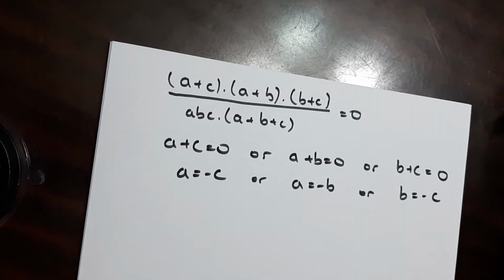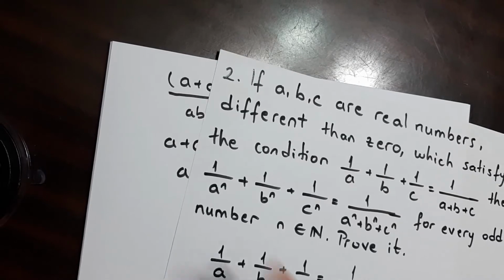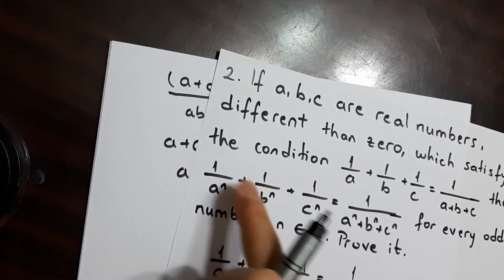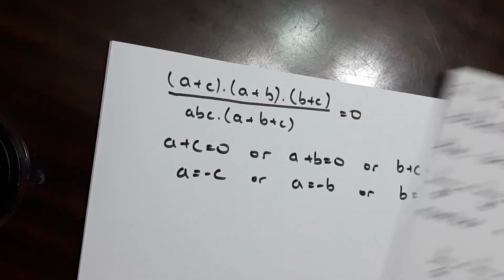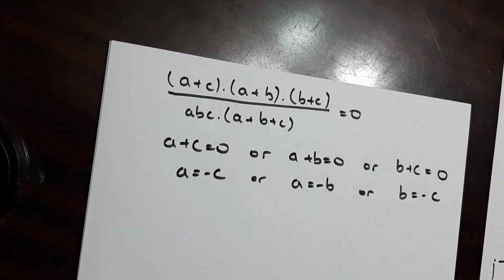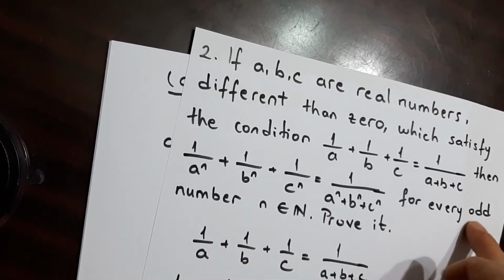Our question was to find 1 over a to the power of n plus 1 over b to the power of n plus 1 over c to the power of n. And we know from the question that n is an odd number.